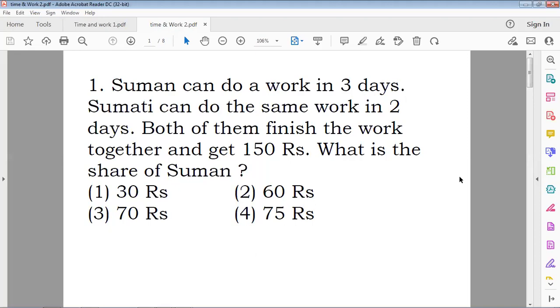There was a mistake, so it will be 2:3. Money will be divided in that ratio 2:3.